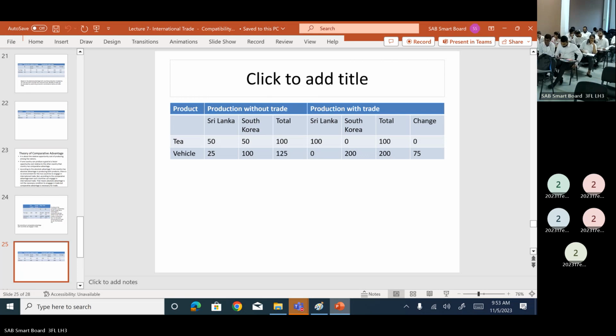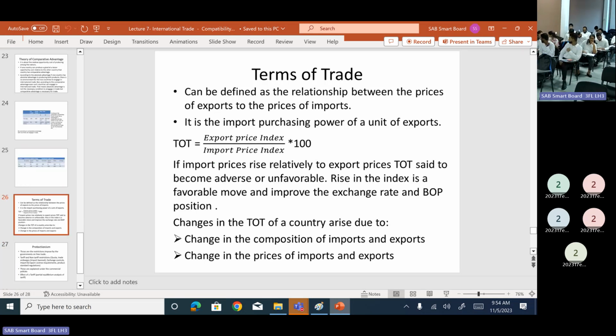Basically, it is the relationship between the prices of exports and imports. It measures the purchasing power of exports based on the price index: how many import units you can purchase based on the export.